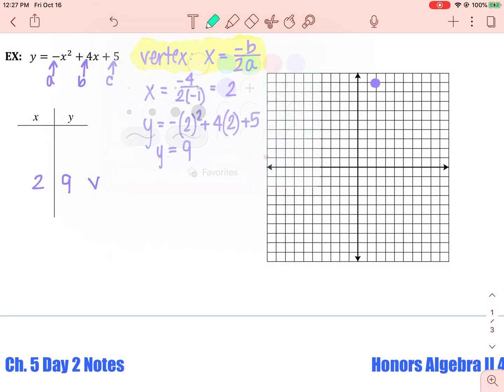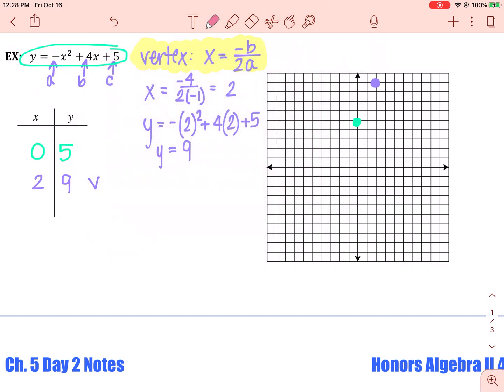Because I like to make my life easy, I think if I plug in 0 as an x value, that's a good option. If I plug in 0 to this equation, notice everything cancels and leaves the 5. So I have the point 0, 1, 2, 3, 4, 5 right here.